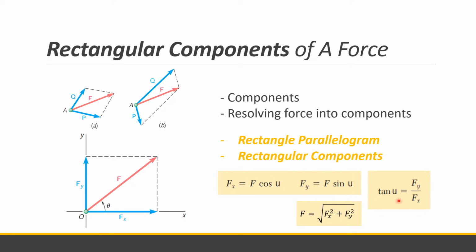Tangent theta is equal to Fy over Fx, and F is equal to the square root of Fx squared plus Fy squared. This is from the identity that C squared is equal to A squared plus B squared for the triangle. Tinanggal natin yung square dito and ginawang square sa kabilang side ng equation.